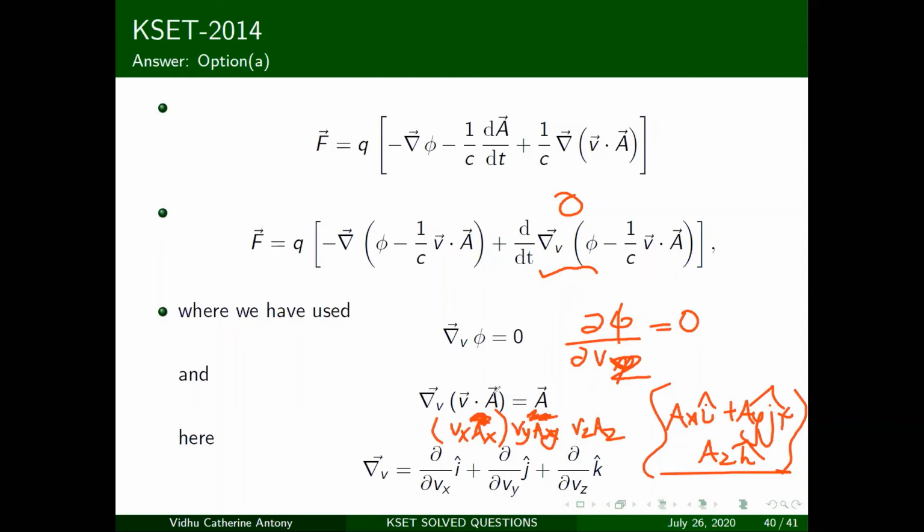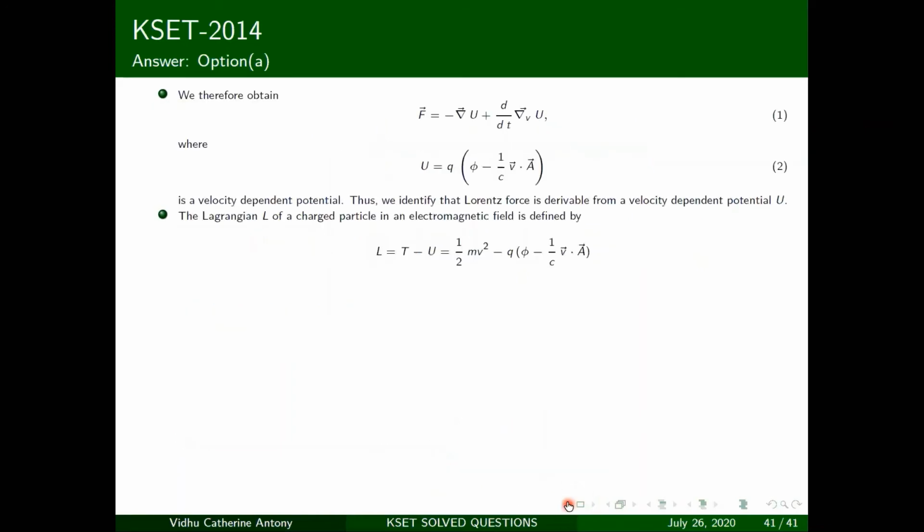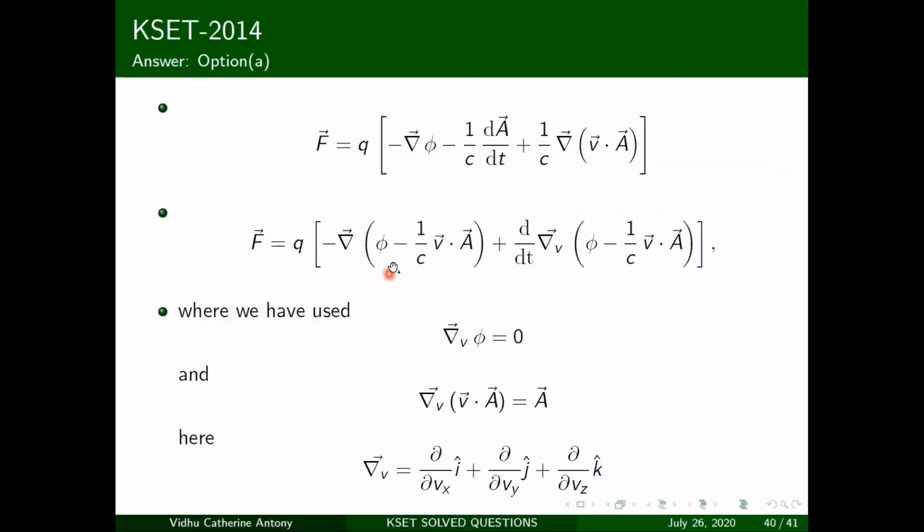So what do you end up seeing? If I apply this operator here, I'm going to get a vector A. So I end up still with a minus 1 by c d by dt of A vector. So that's this part. And now what do I do? What do you see here? You see that this is basically a potential U. And what is the Lagrangian?